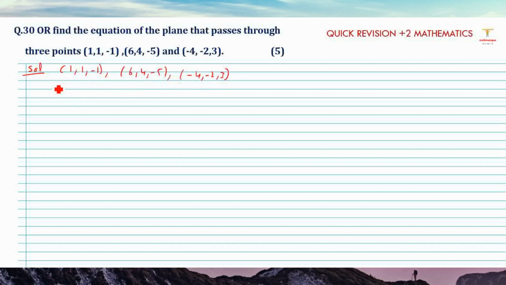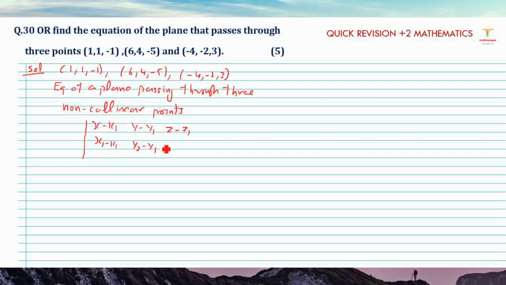equation of a plane passing through 3 non-collinear points is this one: the determinant with rows x minus x1, y minus y1, z minus z1; x2 minus x1, y2 minus y1, z2 minus z1; and x3 minus x1, y3 minus y1, z3 minus z1, equal to 0.